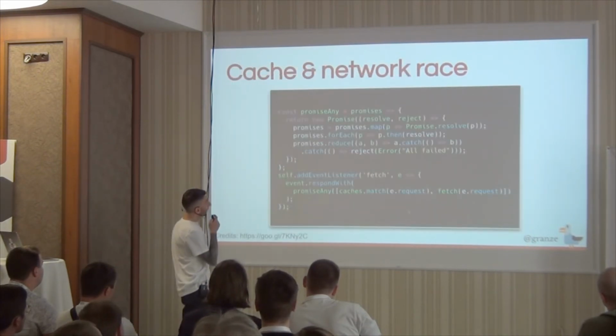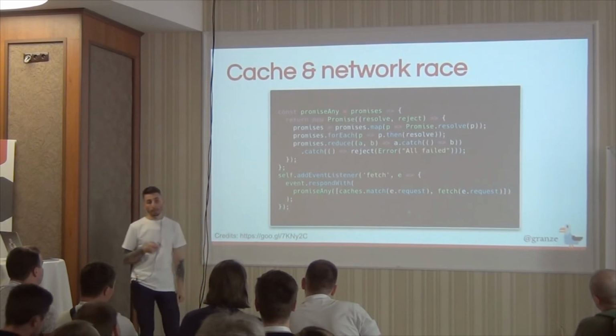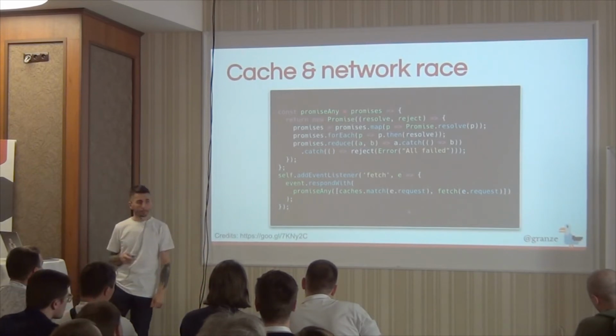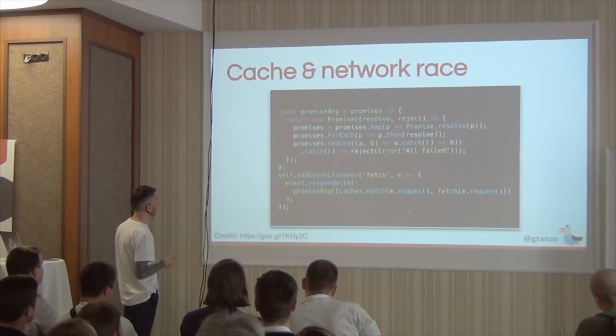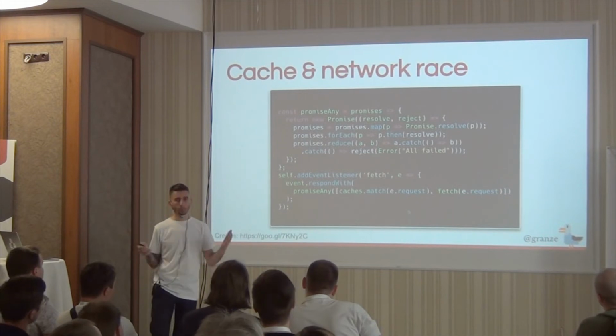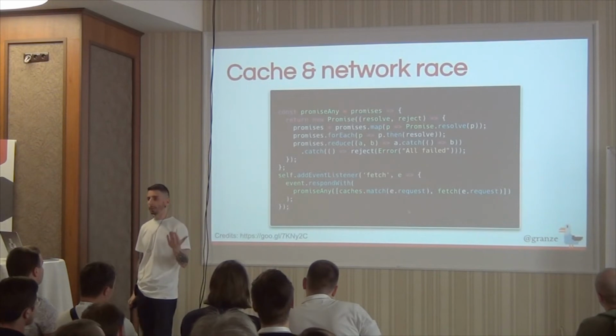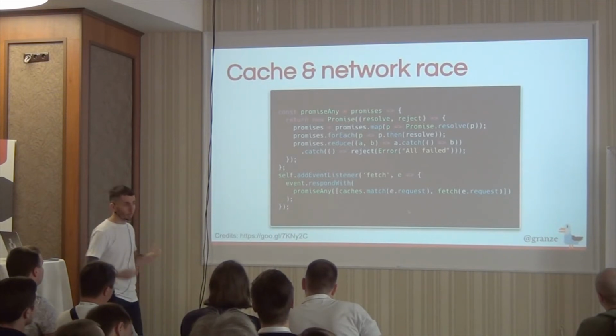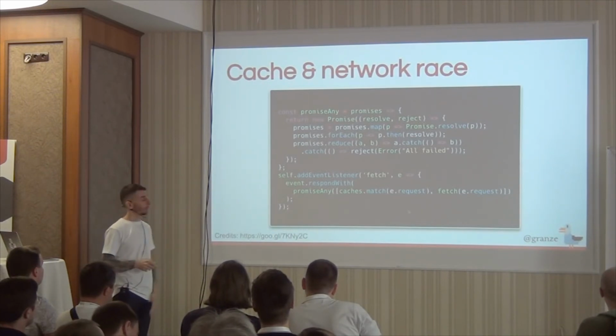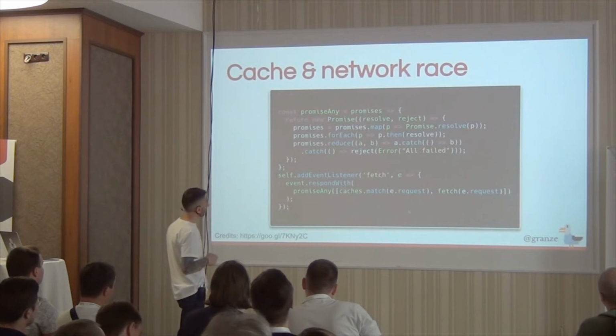If you look at this one, it is a bit more complicated. So in this case, we're going to ask for the same resources from the cache and from the server. And the first one that will fulfill will respond first, and we will take that answer.